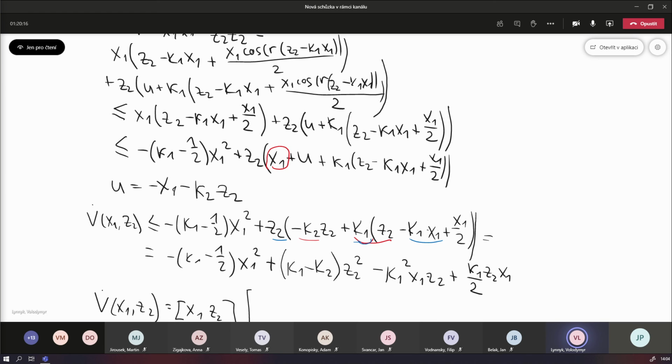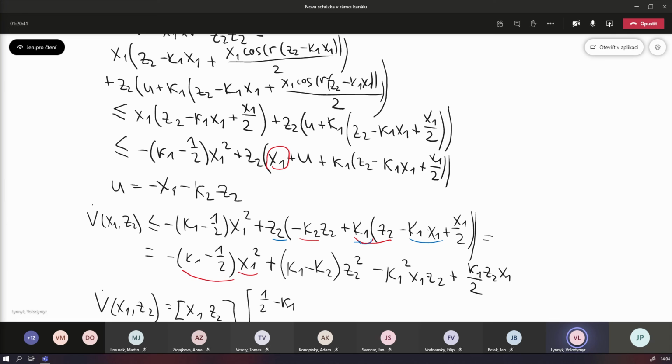It's 1/2 minus k1. Yeah, this term comes from this part. Okay, and the next term is with z2 squared, this one.